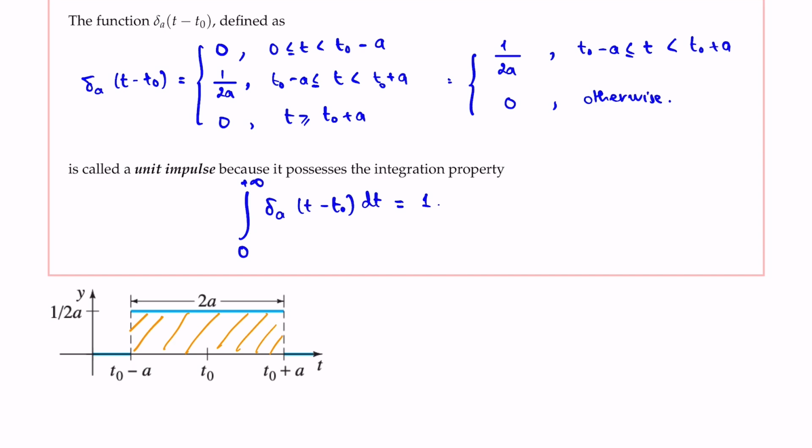When a is small enough, you have a very large function, a large amount of something. So 1 over something very small gives you something very large.